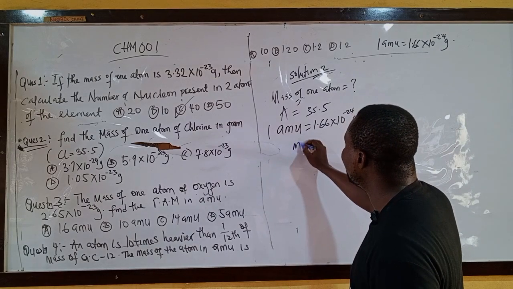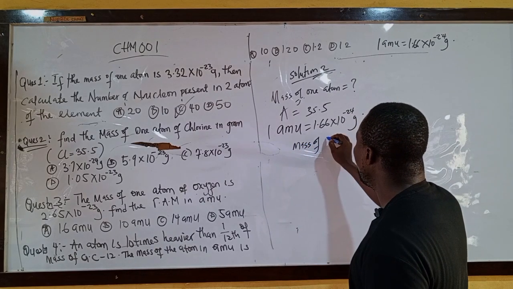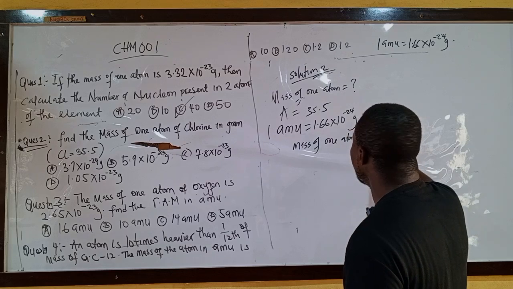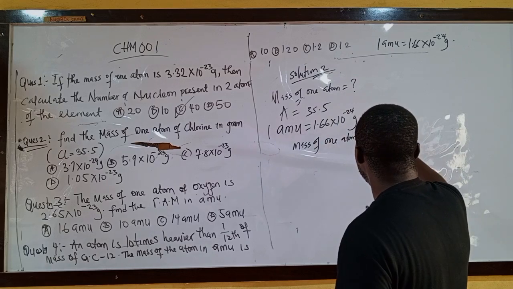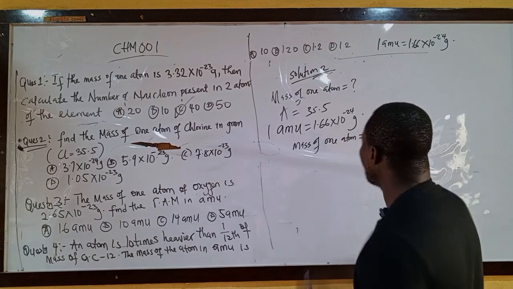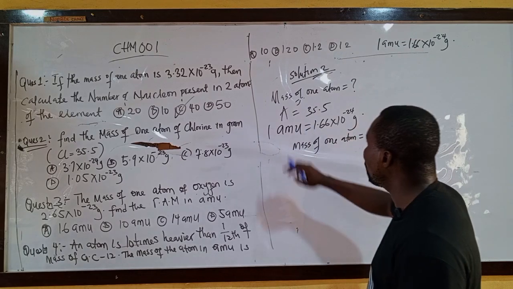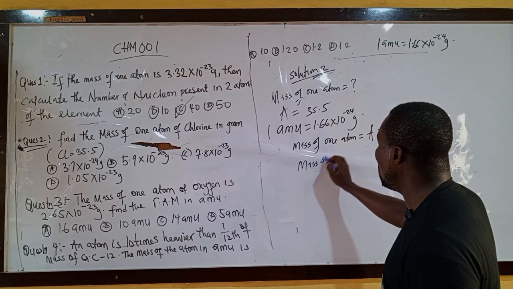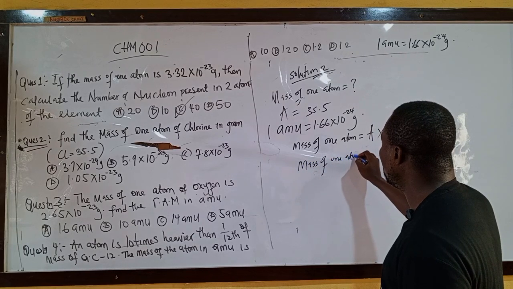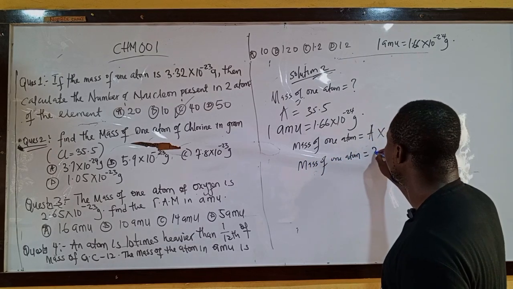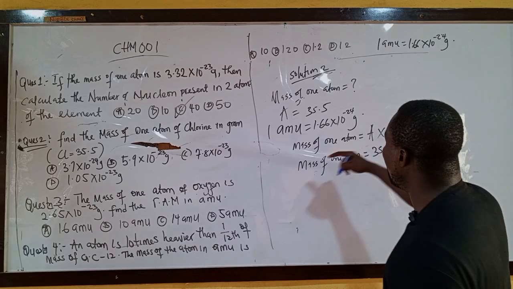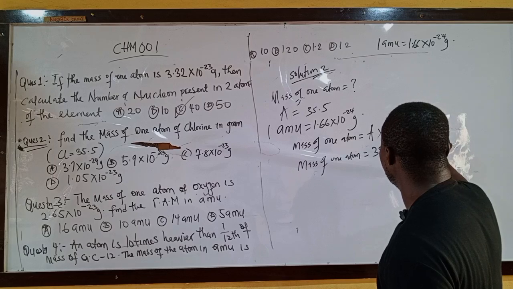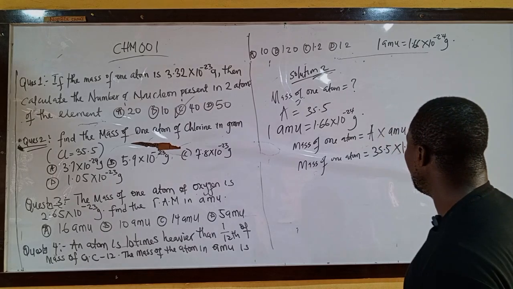We have mass of 1 atom equal to A times atomic mass unit. From here, mass of 1 atom is unknown, equal to A, which is given as 35.5, times atomic mass unit, 1.66 times 10 raised to the power minus 24.